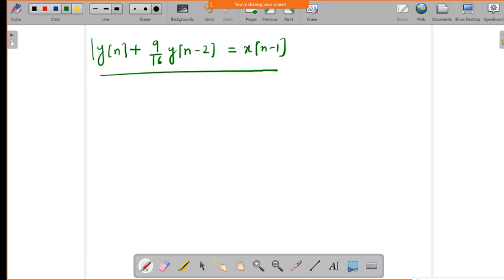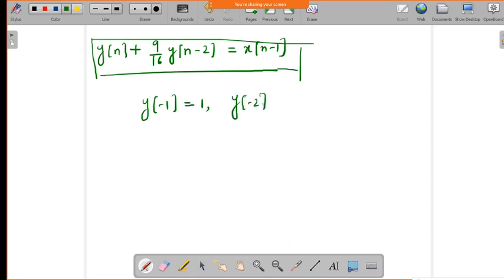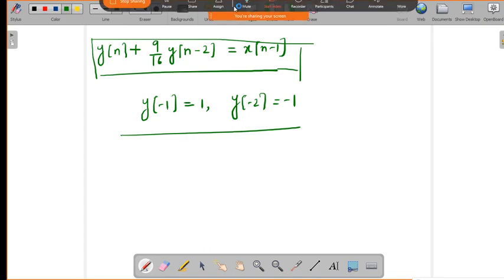Take this problem and try to solve it. The initial conditions given are y of minus 1 equal to 1 and y of minus 2 equal to minus 1. Okay, take this problem and try to solve and tell me the answer in the next class.